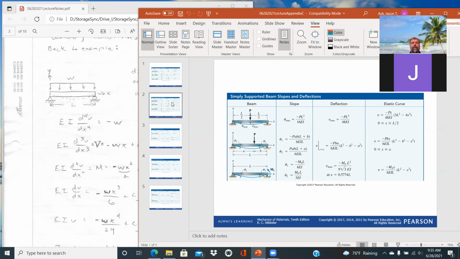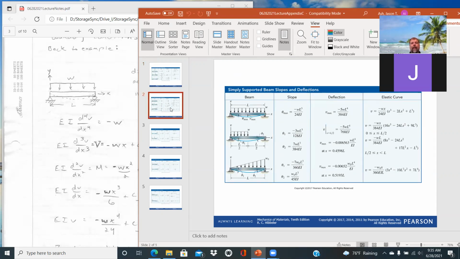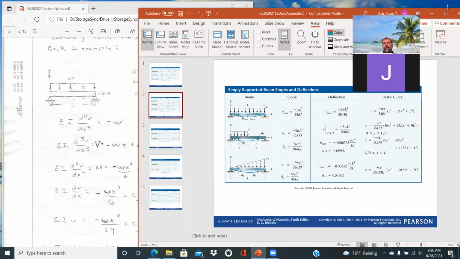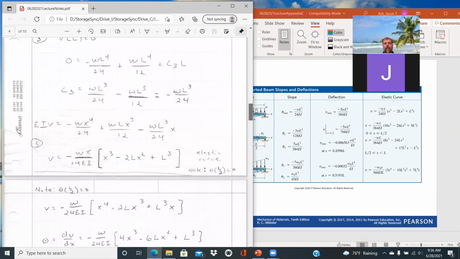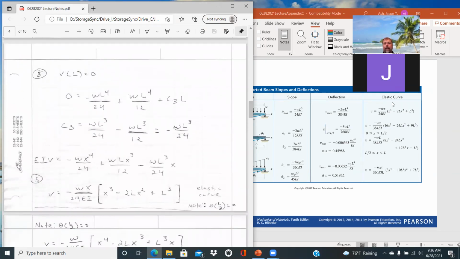But you have a few different cases there. And then when we get down to the second slide, we do see the distributed load on a simply supported beam. And I'll try to bring this up so we can compare and contrast. I did get this into the same form that it shows up in the back of the book.